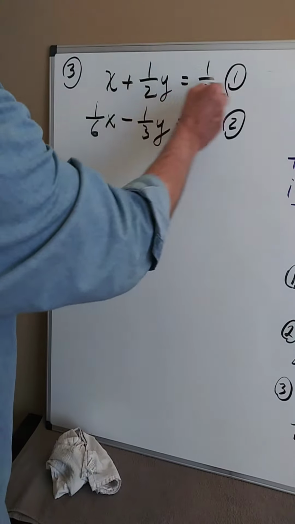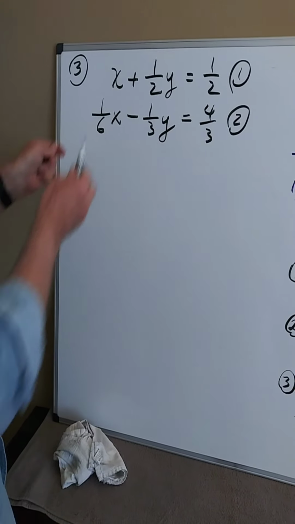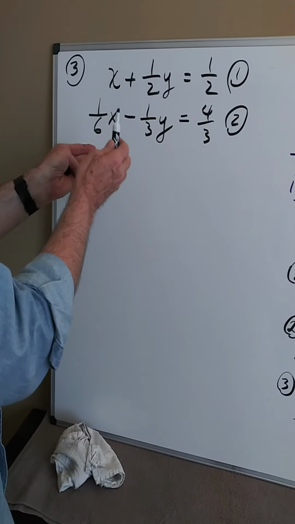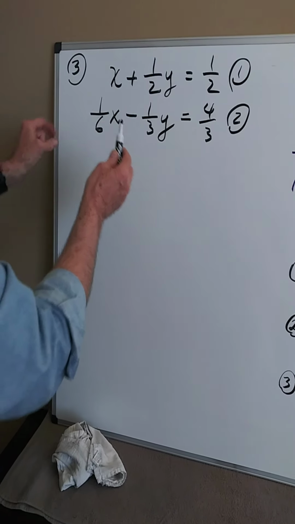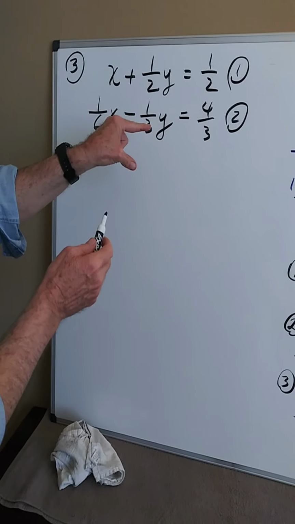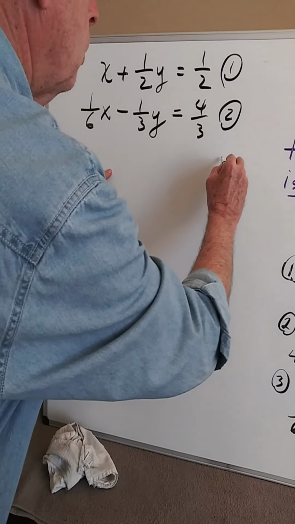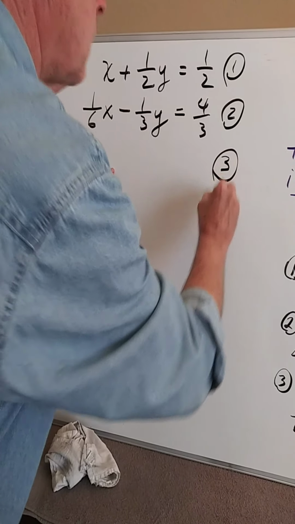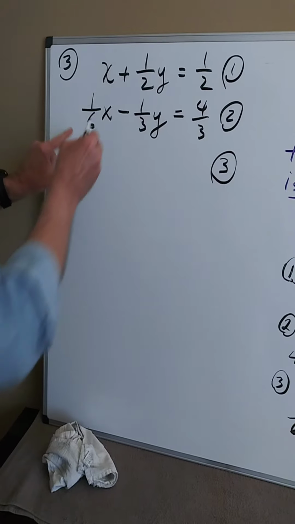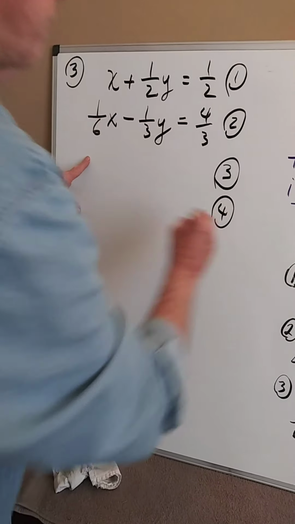We're going to clear the fractions on number 1, and we're going to clear all the fractions on number 2, so we have a system that just has integer coefficients. When number 1 gets fixed up, we're going to call it number 3. And when we fix up number 2, we're going to call it number 4.